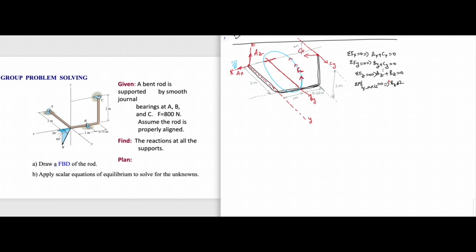And CY gives a moment like that, and the direction is like this, because CY direction is going to the right. That means it is clockwise, isn't it? It is clockwise with respect to our eye on positive x direction. That means it is minus CY times 2. Right? What about CX?